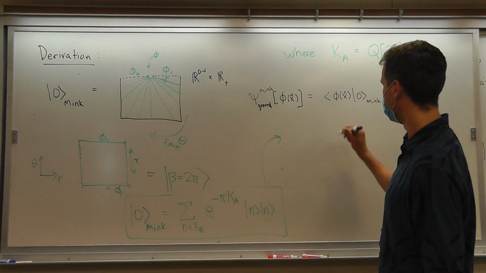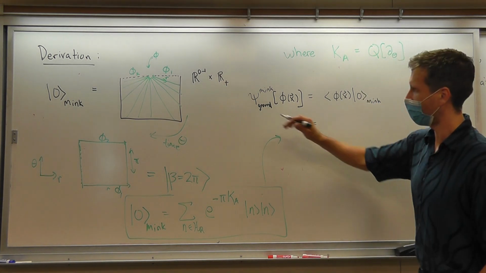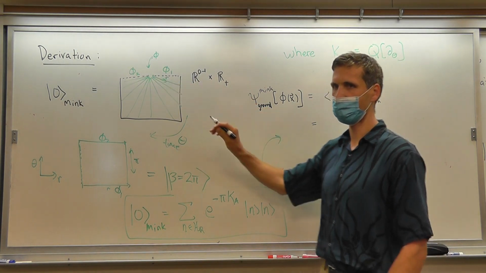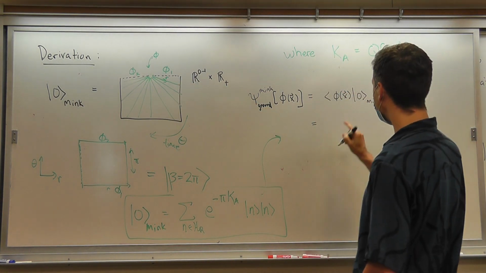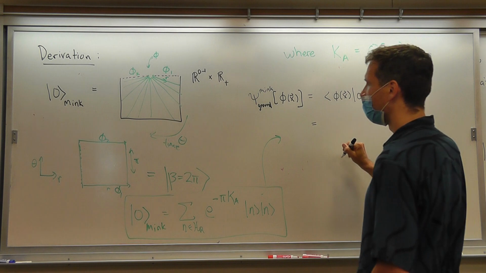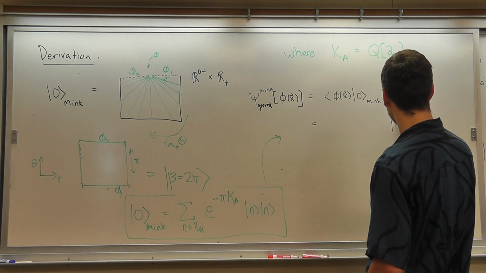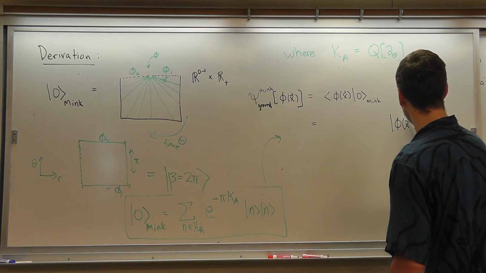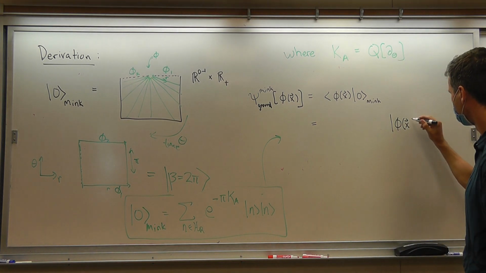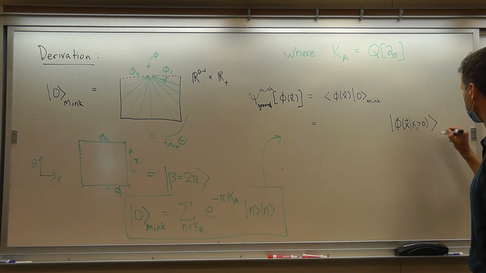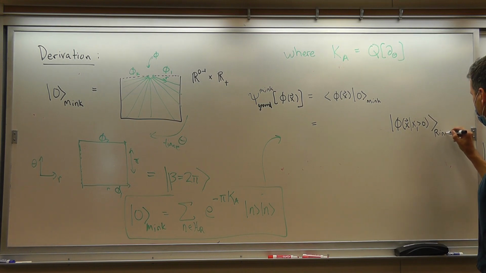And this path integral argument and reslicing tells us that this overlap is equal to phi of x restricted to x1 greater than 0, viewed as a Rindler state.